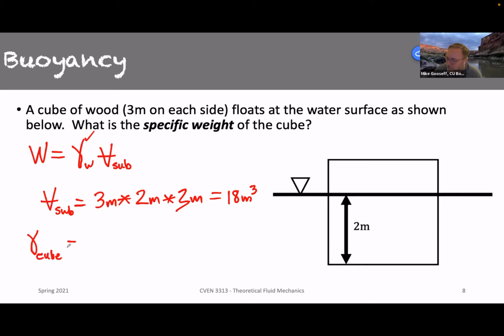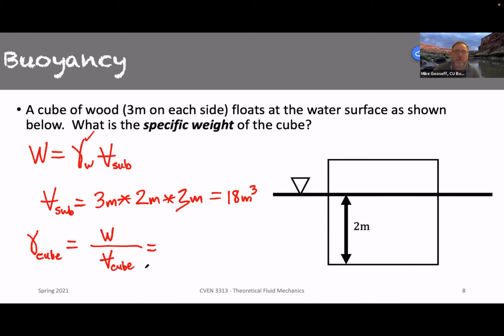Then we know its volume, the volume of the cube, and we're going to just take the weight of the cube divided by the volume of the cube in this case. Okay. Sorry, I thought we were just going for the weight, but we have to take this a step further. So you'll figure out the weight, and then in this case, the volume, of course, is just 3 by 3 by 3, so 27 cubic meters. All right, to work that one out.